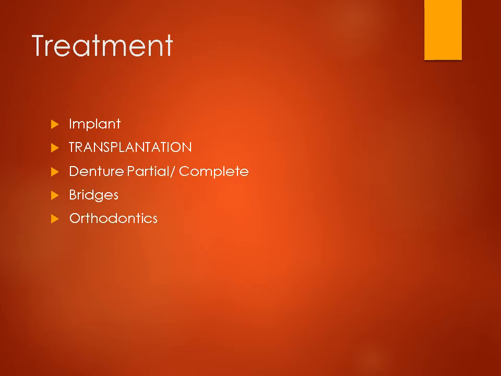There are various treatment options, and it depends on the number of teeth missing and the condition of the patient. The first option is implants. You can use implants to replace a few missing teeth, or if one or two teeth are missing, you can sometimes transplant a tooth from one socket to another, and then reshape it using a handpiece with specific burs, or using a composite restoration, so it resembles the tooth you want.